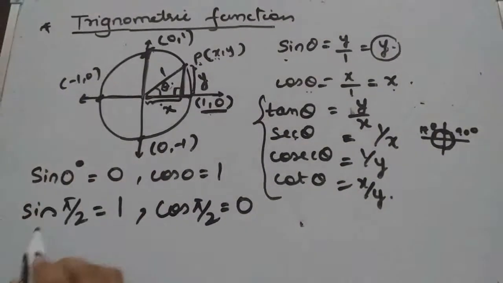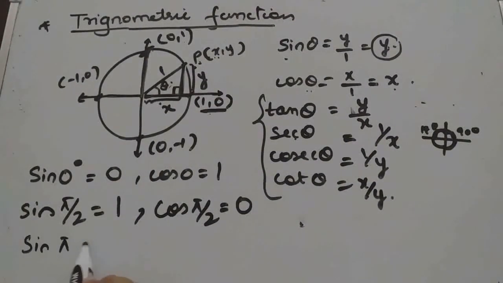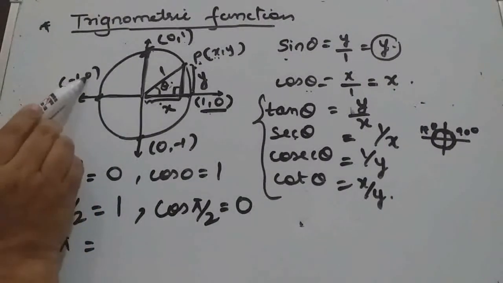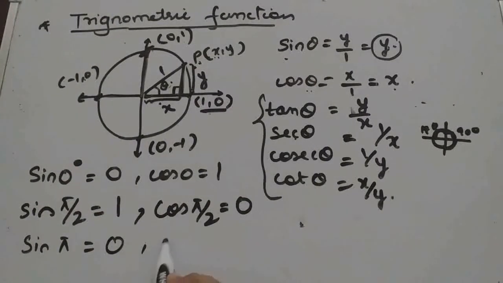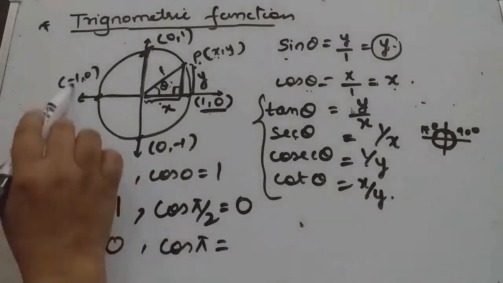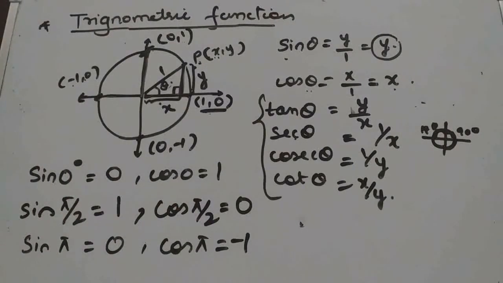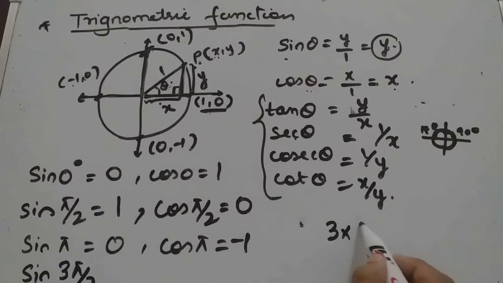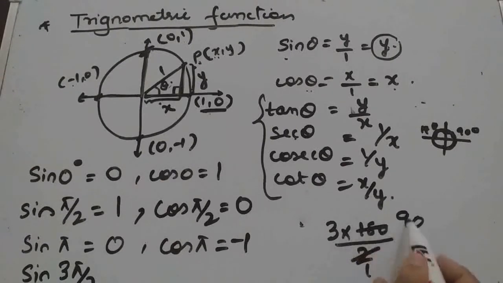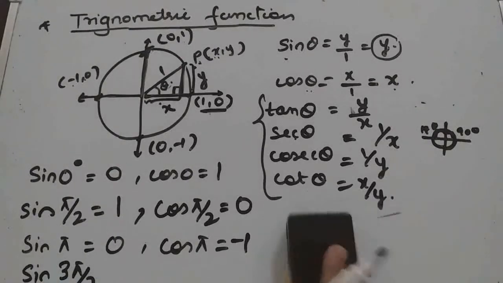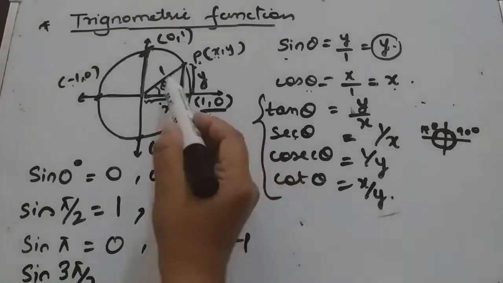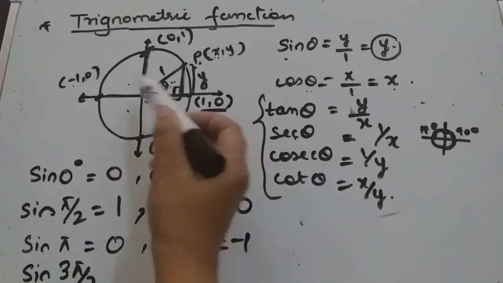Now what will be sine pi? Sine pi means 180. What is the y coordinate of this? 0. And cos pi means minus 1. Next is sine 3 pi by 2. 3 pi by 2 is what? 270, since pi is 180 and 3 times 90 is 270.